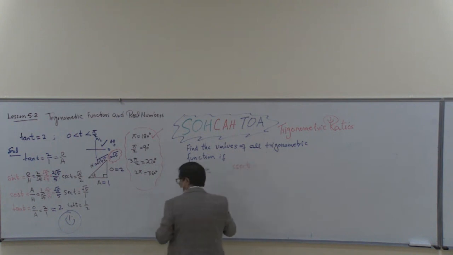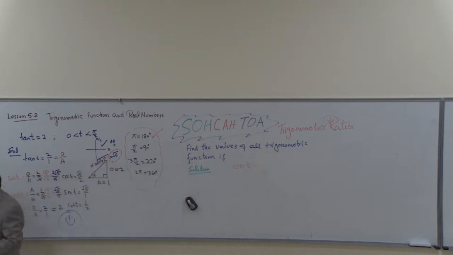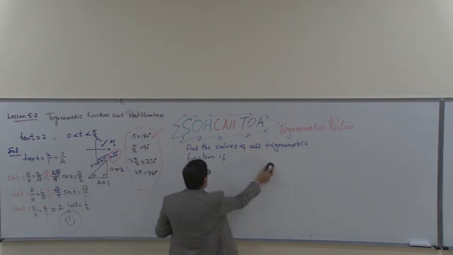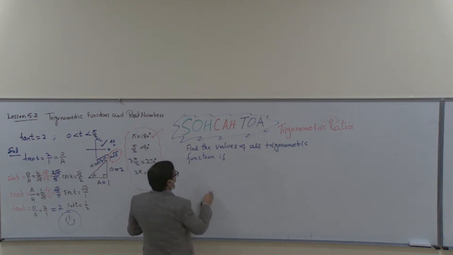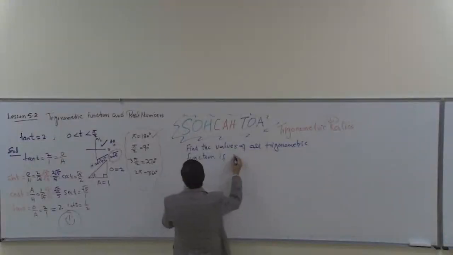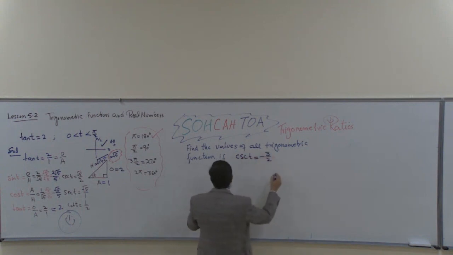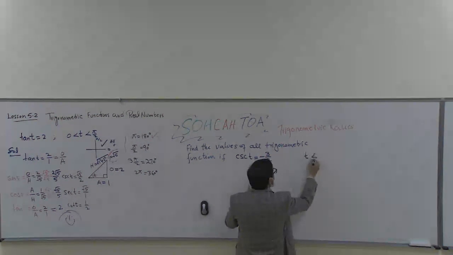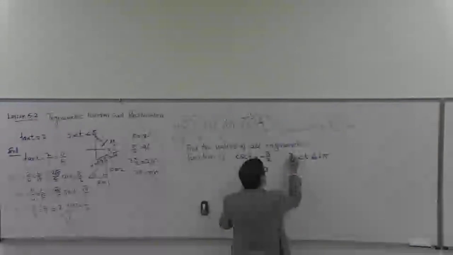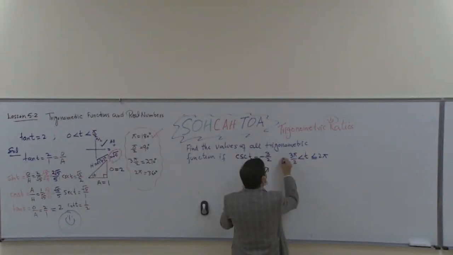Cosecant t is given as negative 3 over 2, and t is between 3 pi over 2 and 2 pi.